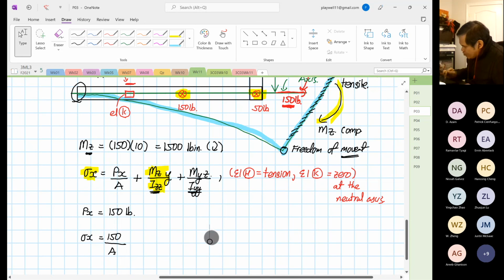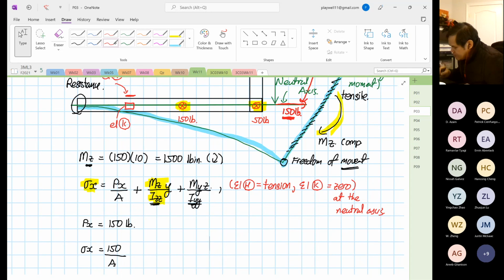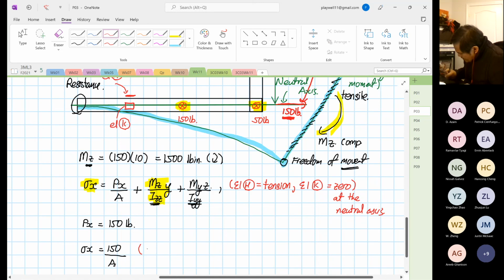Now, if you look back at element H and element K, once you write this out, the practice I will always encourage is that you put a bracket down here. Element H, because of axial load, will be in tension. Element K will also see a tension because it's axial loading. Let me make sure this is the same.